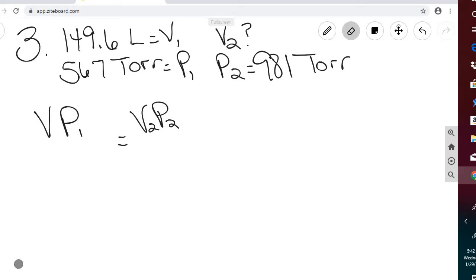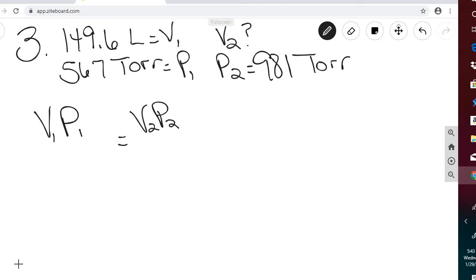So then we're left with V1 times P1 equals V2 times P2. And for the combined gas law, you can use any volume unit and any pressure unit. It's just that temperature must be in Kelvin.